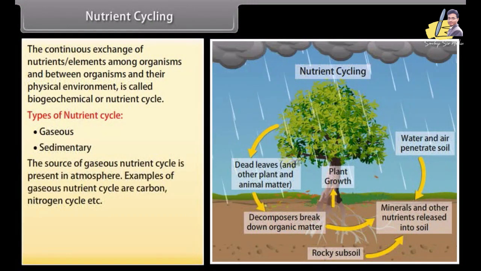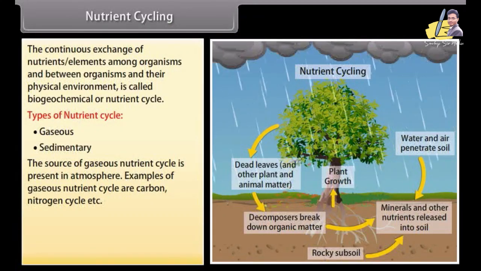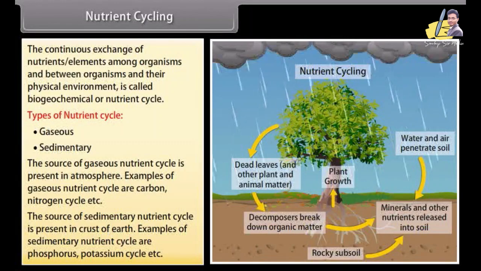The source of gaseous nutrient cycle is present in atmosphere. Examples of gaseous nutrient cycle are carbon, nitrogen cycle, etc. The source of sedimentary nutrient cycle is present in crust of earth. Examples of sedimentary nutrient cycle are phosphorus, potassium cycle, etc.